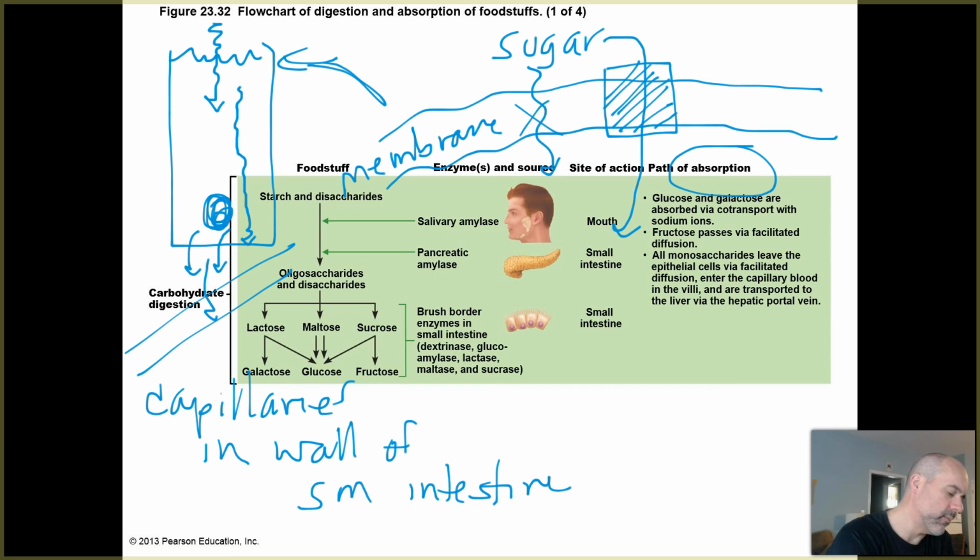Those capillaries lead to the veins that drain the small intestine. Most of the veins that drain the small intestine lead to the superior mesenteric vein, which connects to your hepatic portal vein, which then carries this blood to the liver, because the liver is going to process a lot of those nutrients that we're talking about.